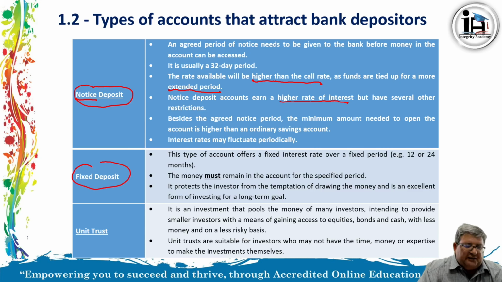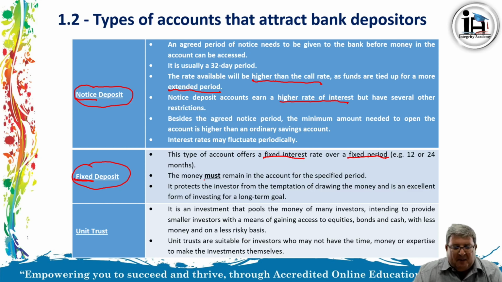Fixed deposit. And once again, that word fixed says it all. Everything is fixed. This type of account offers a fixed interest rate over a fixed period. Sorry for my beautiful artwork there again. For example, the period is fixed for 12 months or for 24 months.